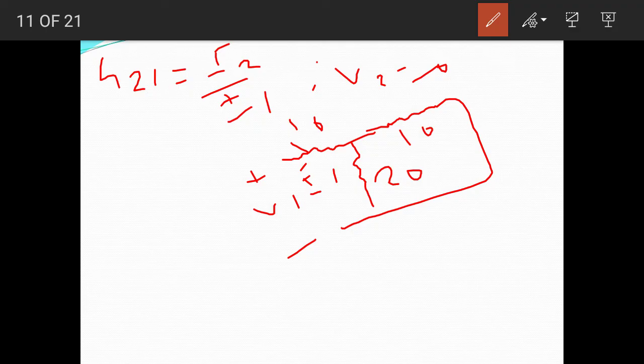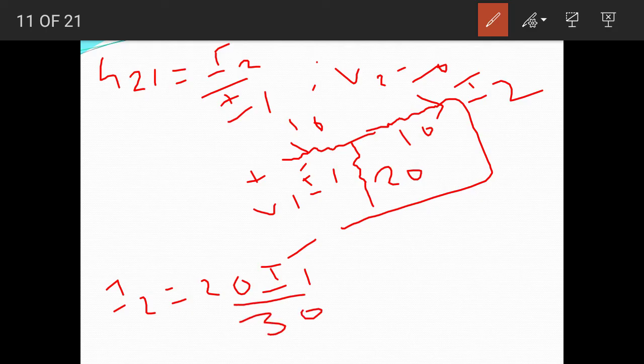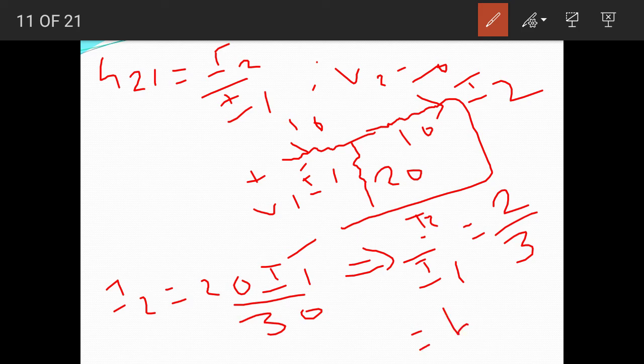Using current division rule, we know that I2 is equal to 20 I1 upon 30. So I2 upon I1 is equal to 2 upon 3, that is equal to H21. So the value of H21 is 2 upon 3.